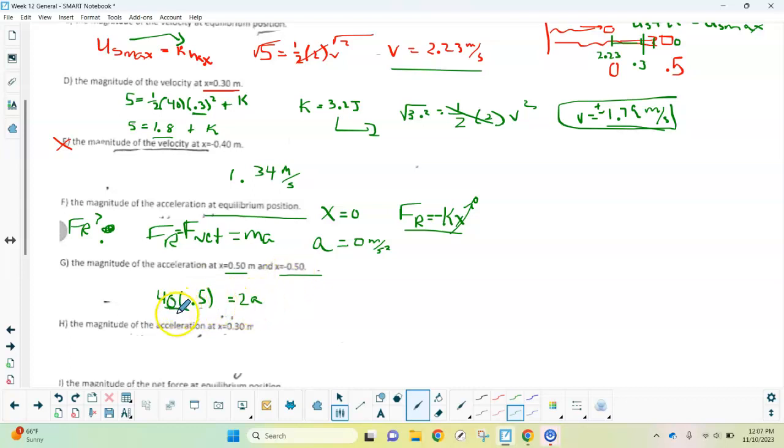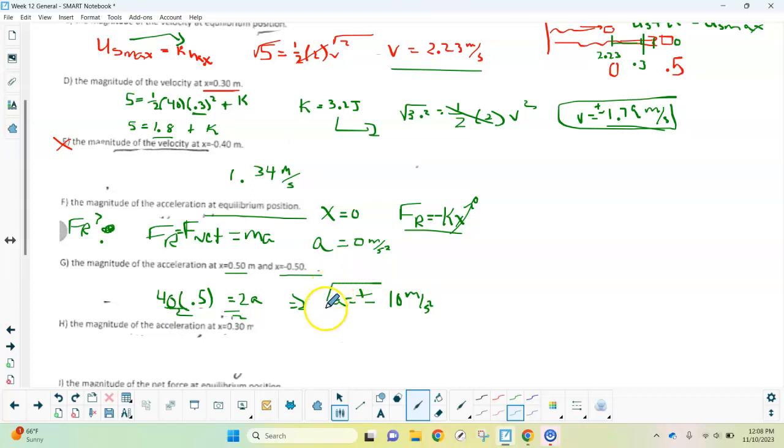If I divide both sides by 2, 40 divided by 2 is 20, times another half is going to be 10. So the acceleration here, depending on which position it's at, if it's at positive 0.5, it'd be a negative 10 meters per second squared. If it was at the negative 0.5, it'd be a positive 10 meters per second squared.